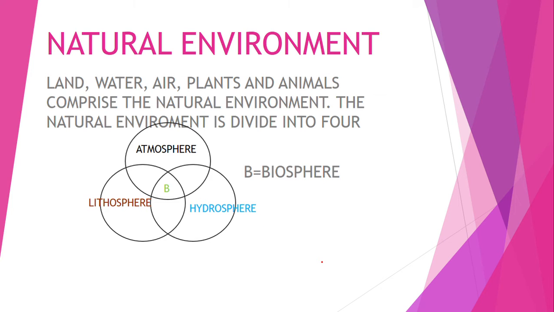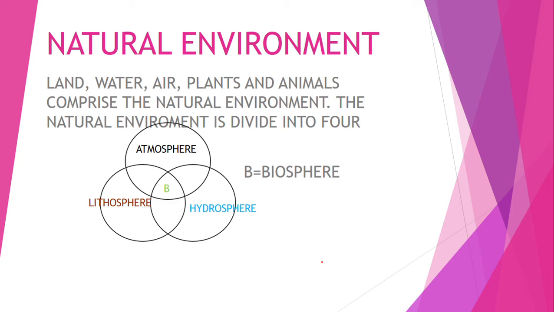Okay. Now natural environment. What all do we say is natural? Plants, the animals, the air, water, land. I'm not asking only about living things. I'm asking about natural. Living is separate, natural is different.